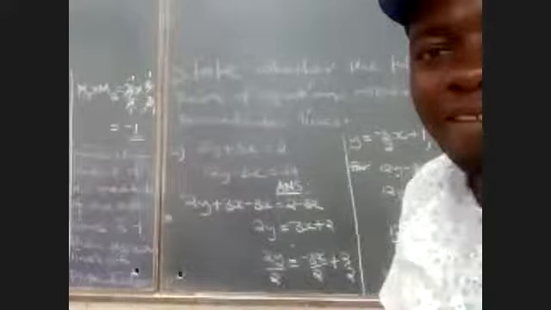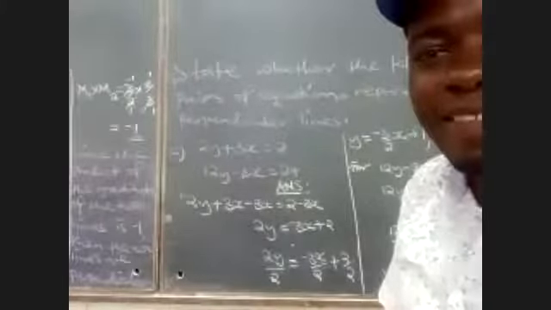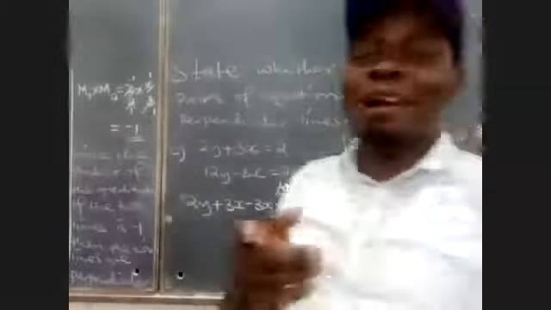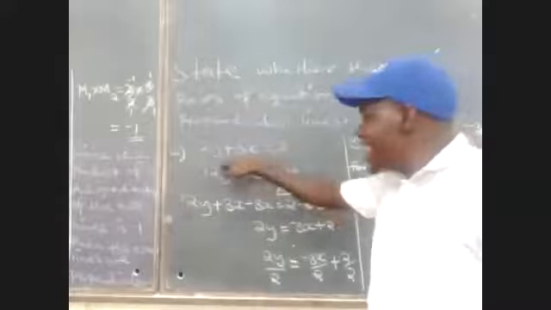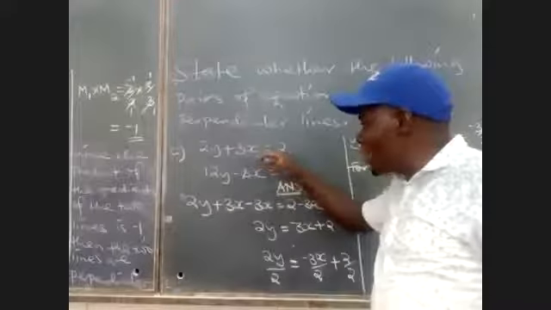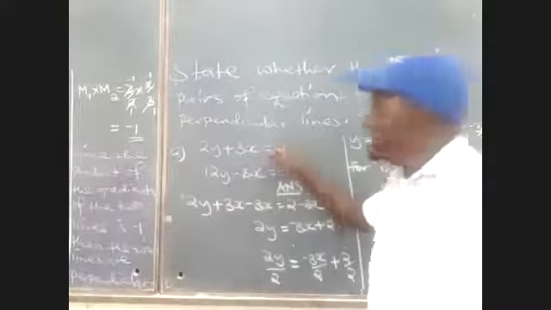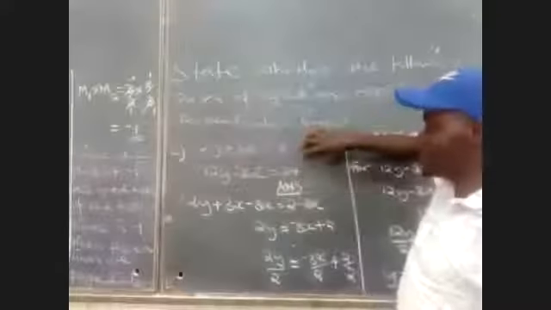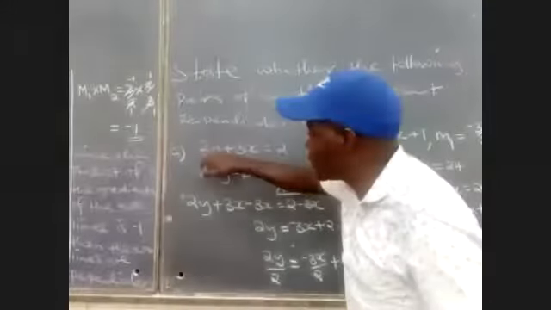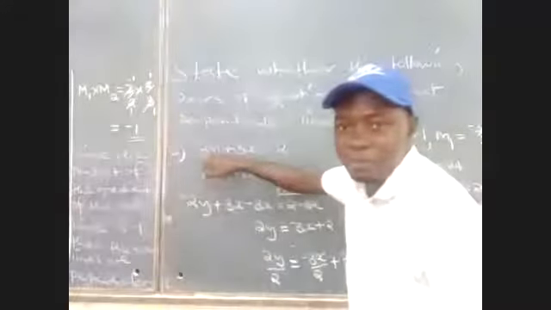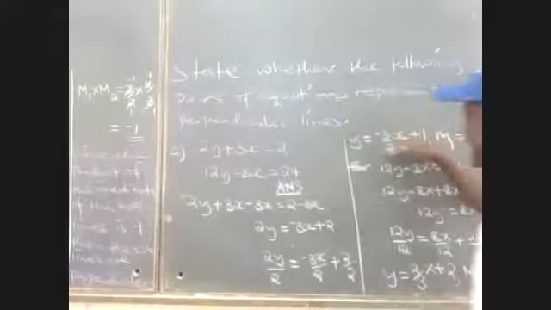No, I'm just asking because this one looks complicated. No, it's not. We said get one equation and write it in the form y is equal to mx plus c. Take all the other terms to the right hand side and divide through by the coefficient of y. You will get it in this form.